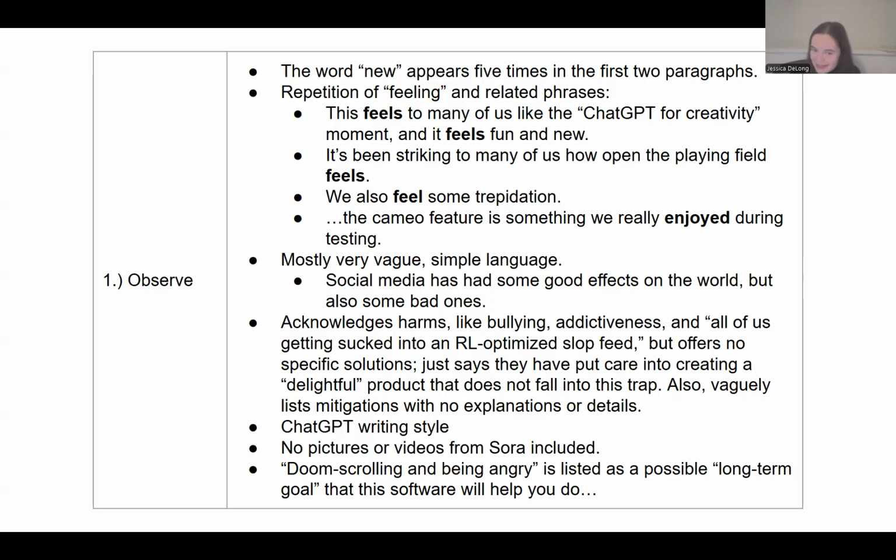It's just something that I noticed as I was reading. This again is a little more surface level, but that's okay. Seems like Altman acknowledges that there are some potential or even some likely harms with his product, such as bullying, addictiveness, and all of us getting sucked into an AI slop feed, but offers no specific solutions.